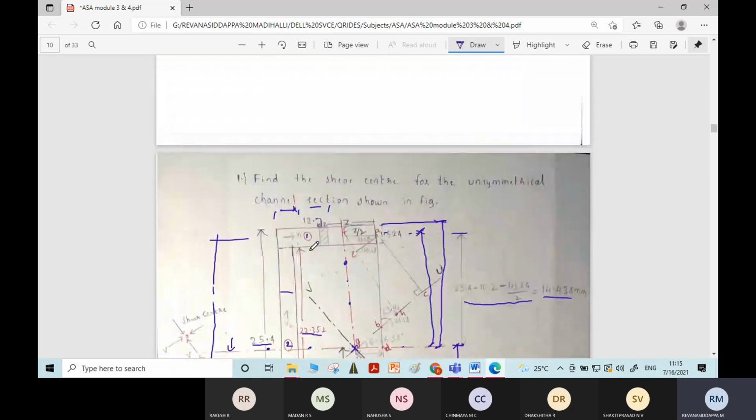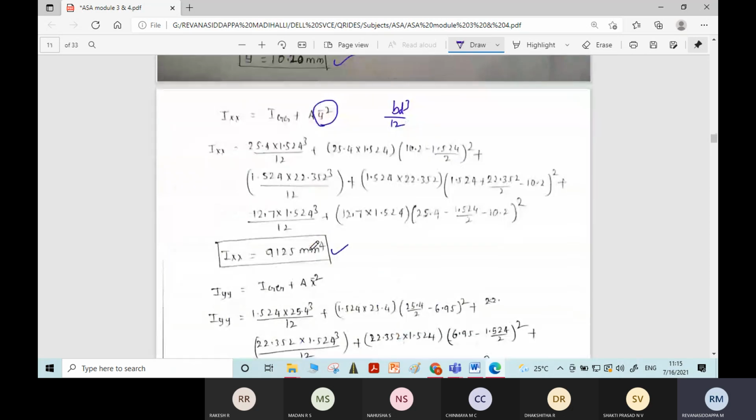By doing the similar calculation, you will get the moment of inertia about xx.